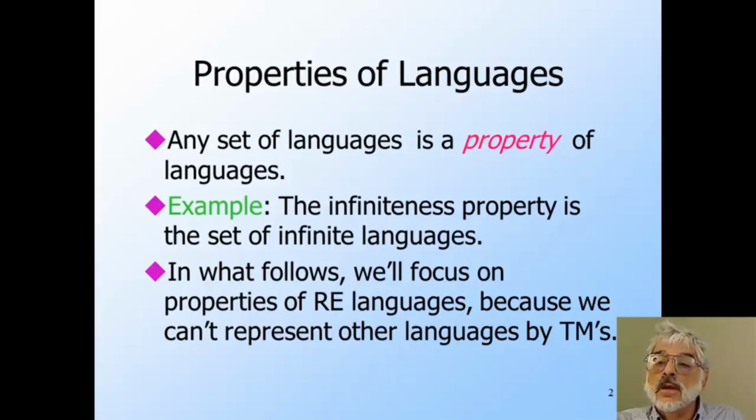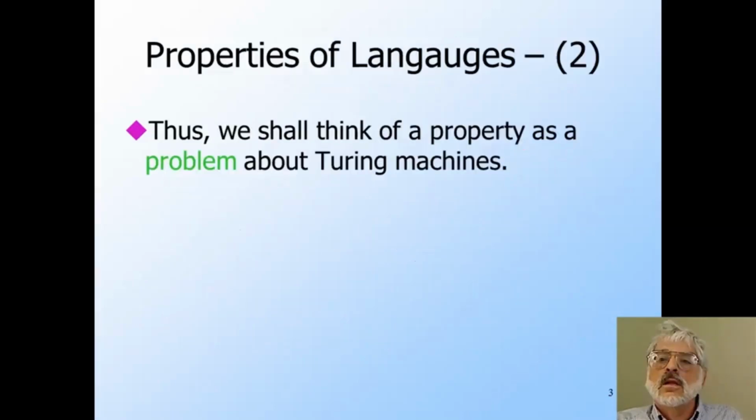While properties like being infinite apply to any language, even not recursively enumerable ones, we need to represent languages, and the Turing machine is the most powerful tool we have for representing languages. So we'll talk about properties of recursively enumerable languages only. So we'll consider a property to be a problem about Turing machines.